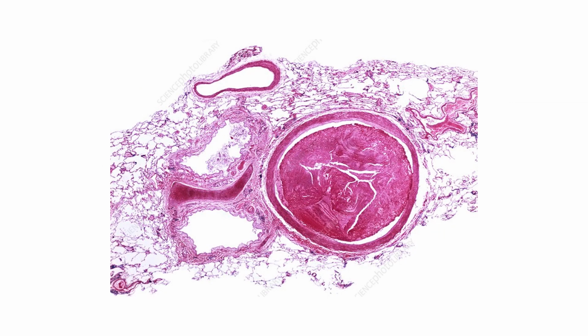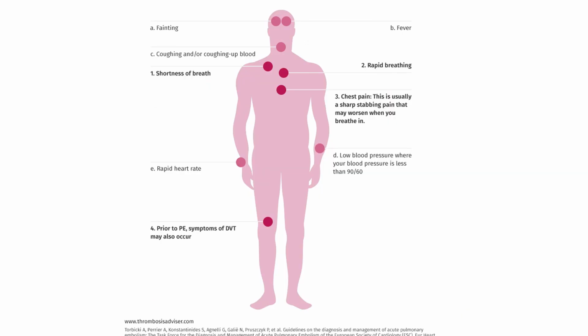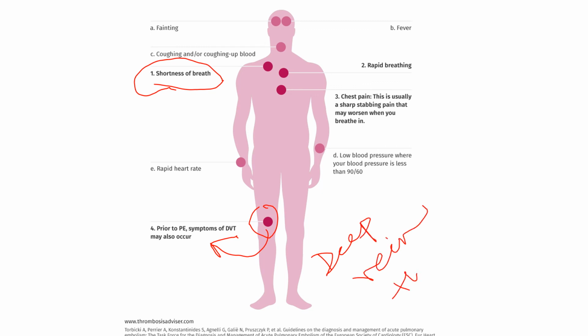This is the lung, and you have a thrombus or an impulse in the pulmonary circulation. This is pulmonary embolism. What are the signs of pulmonary embolism? Shortness of breath, difficulty in breathing, and prior to that the patient will have DVT, deep vein thrombosis, a thrombus in the deep veins of the leg.